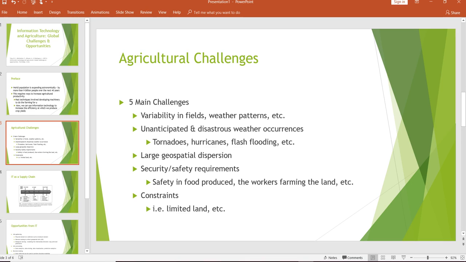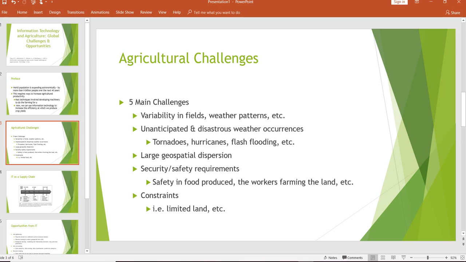So the authors of this article basically state there are 5 main agricultural challenges for us on this earth right now. First and foremost, we have variability in the fields, in the weather patterns that are around us, as well as certain other things. If you think locally where you live, where I live, the weather patterns change frequently.